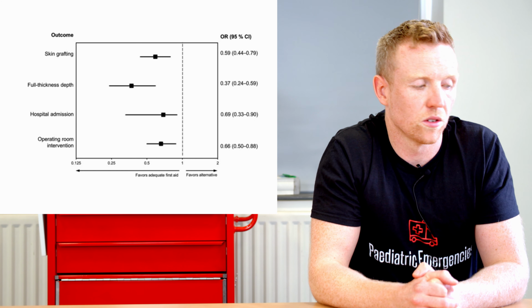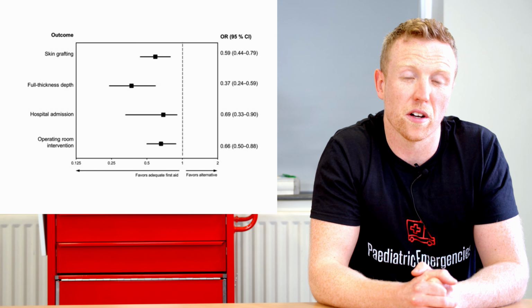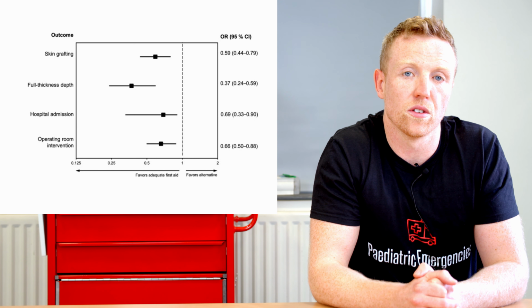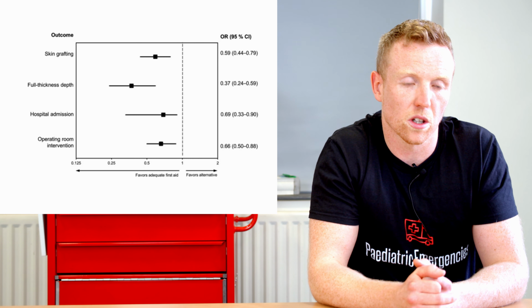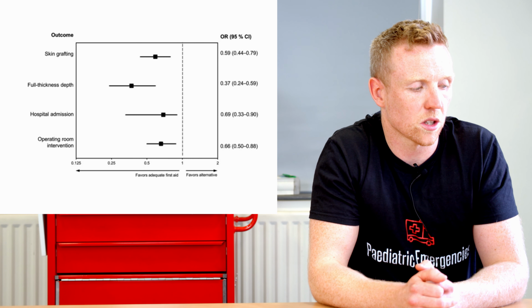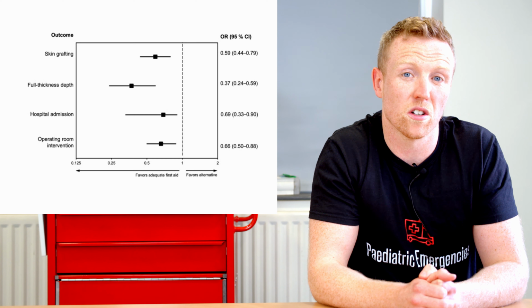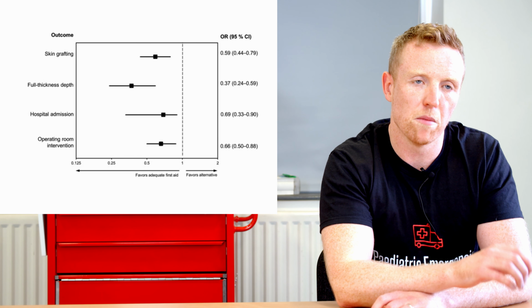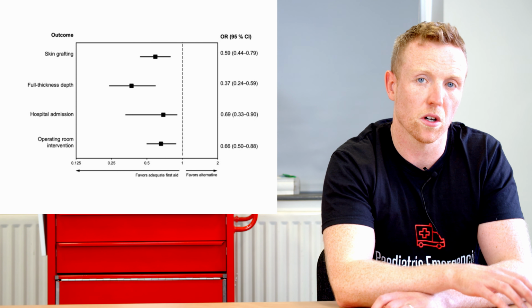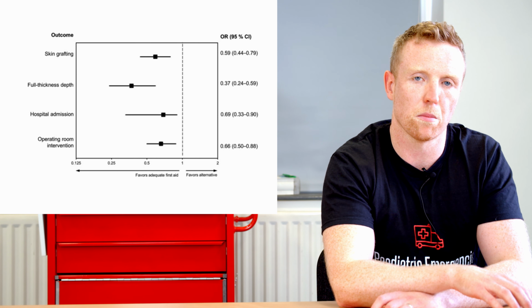The odds ratio for skin grafting is reduced by 0.59 with the use of burns first aid, particularly cool running water. The same results are applicable for full thickness depth, hospital admission and operating room intervention. So these are really impressive results impacting how we should educate parents and what we should do when these patients enter the department.